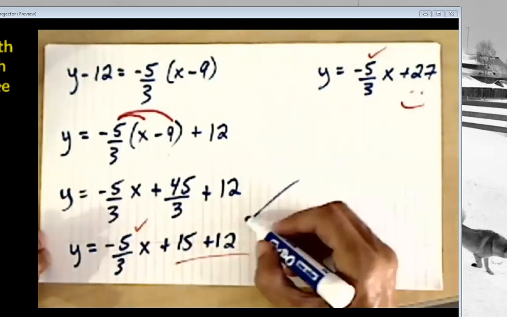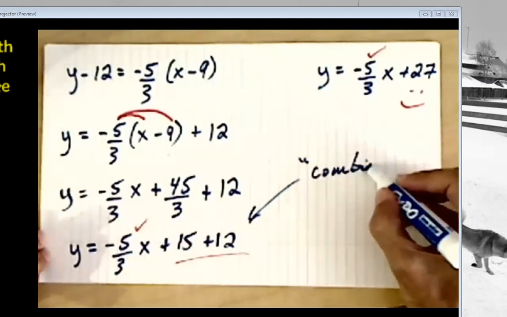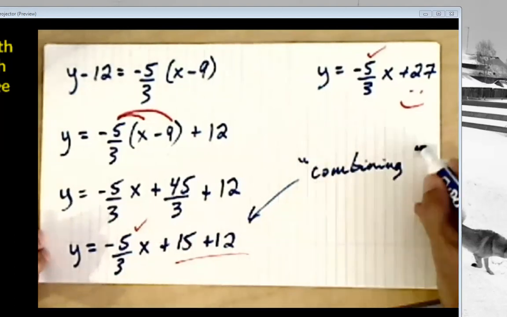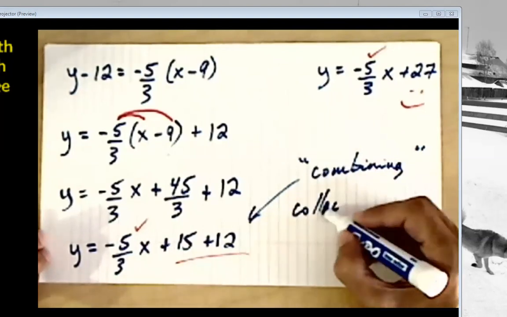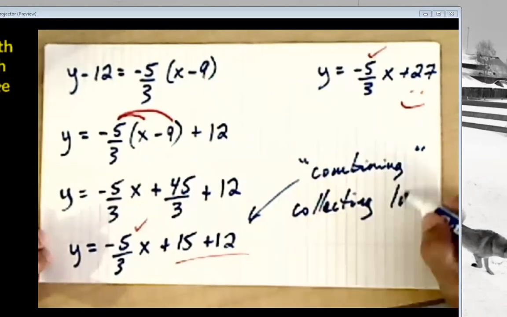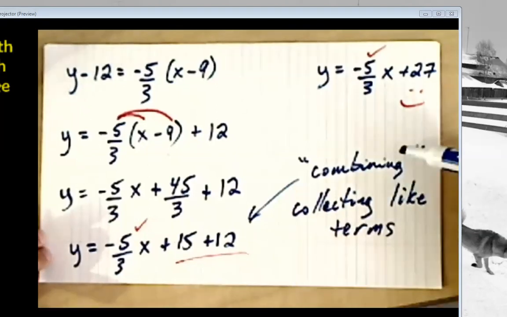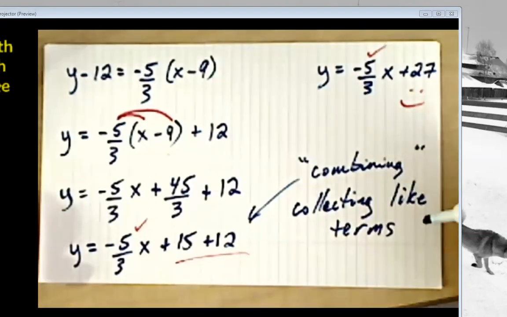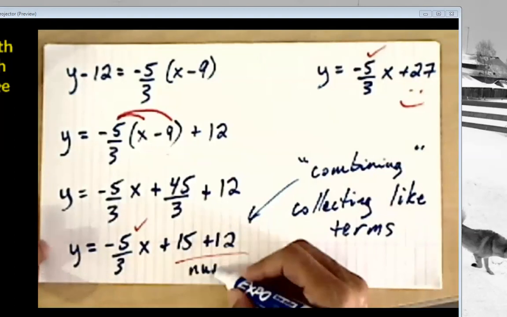So for sure it is combining, not wrong if that's what you remember. Officially, collecting. So the official phrase is collecting like terms, combining same terms, if you like. So these were both numbers, so they combine together. They get along.